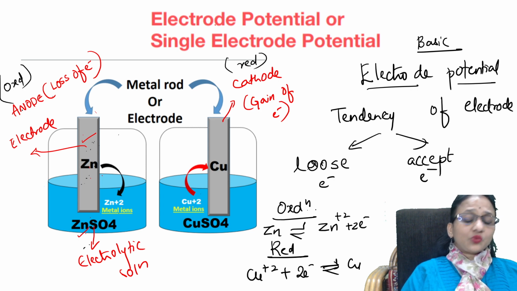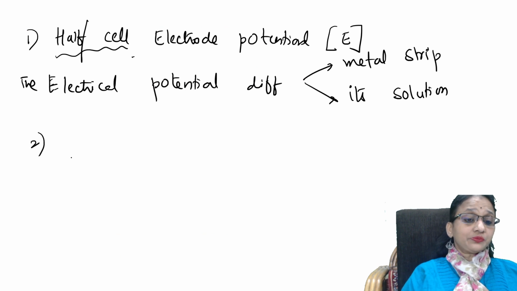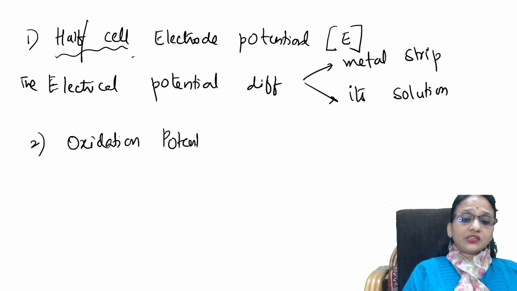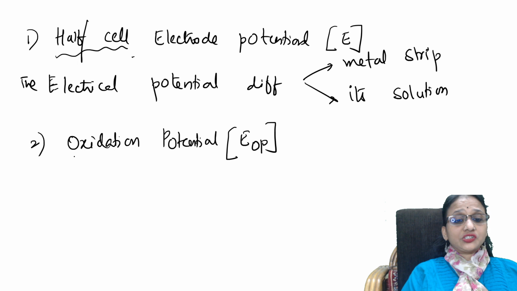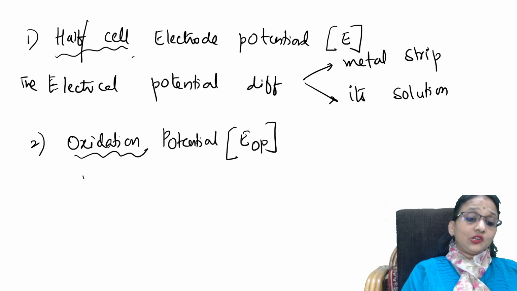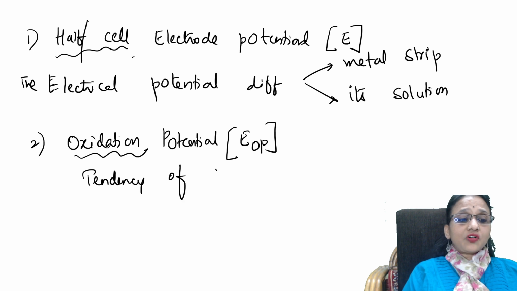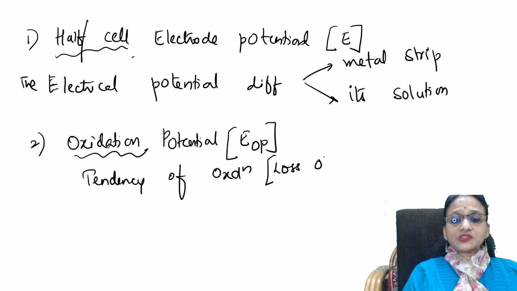If somebody asks what is meant by oxidation potential, I'm going to denote it with EOP. It is the tendency of oxidation, the tendency of losing electrons. So oxidation potential is the tendency of oxidation, that is loss of electrons.